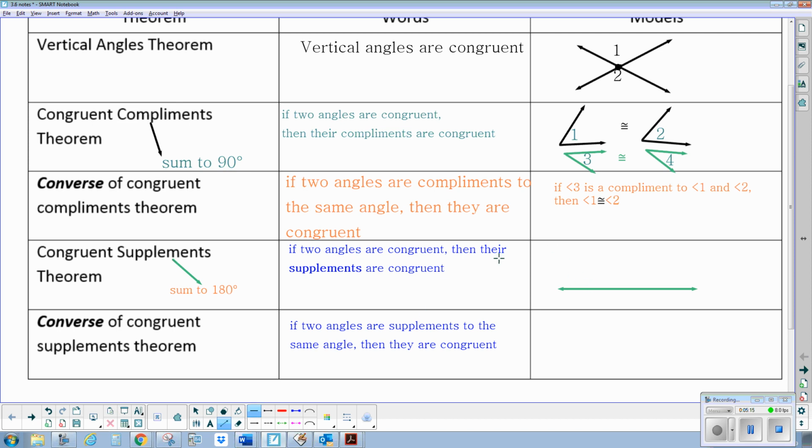So it says if two angles are congruent, so let's do this twice. Okay, so if two angles are congruent, and let's say this angle is congruent to this angle, then their supplements are also congruent. That means that this angle has to be the same as this angle.